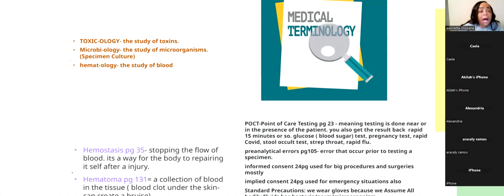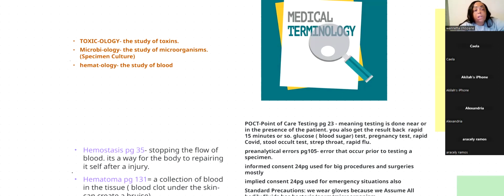So microbiology, the study of microorganisms. Microbe is microbe, the organisms, the germ, the bacteria, the virus, the parasites, the fungus. All of that goes to the microbiology department. Okay, so microbiology, the study of microorganisms.